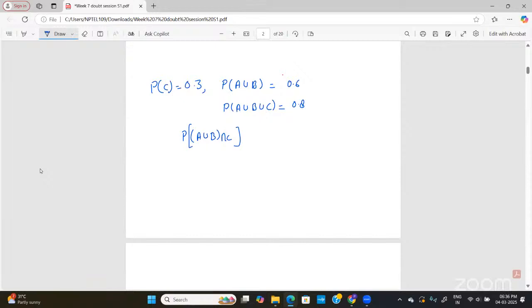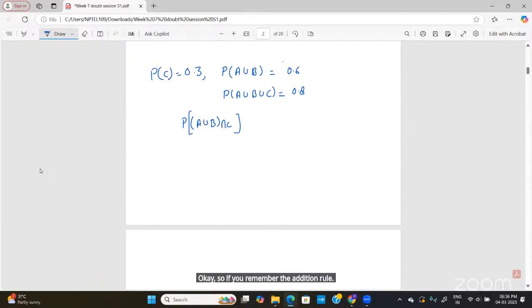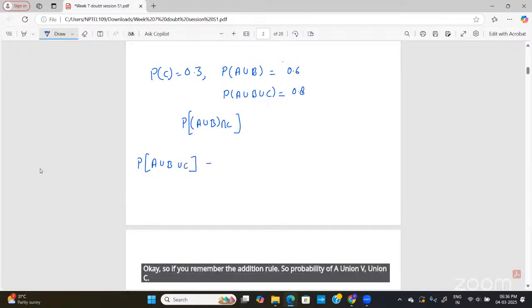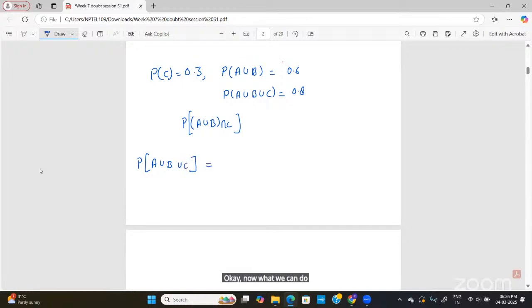Okay, so if you remember the addition rule, probability of A union B union C. Now what we can do here, we can consider A union B as a different event, as one event. So now probability of A union B plus probability of C minus probability of A union B intersection C, right?